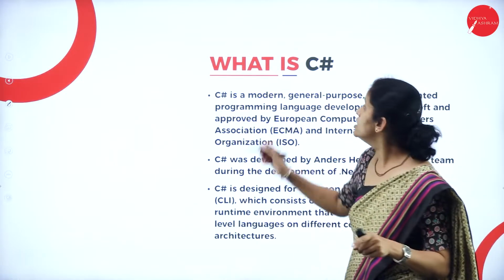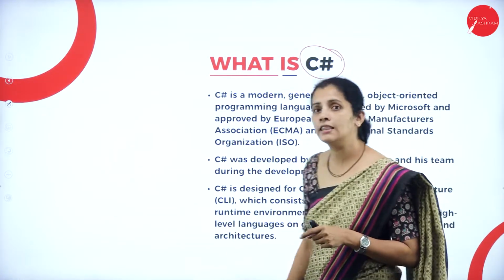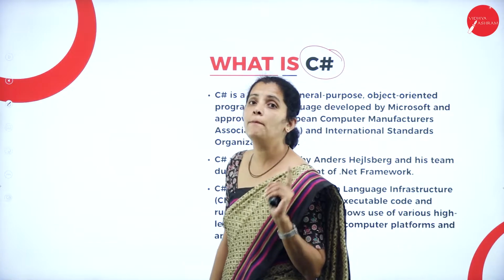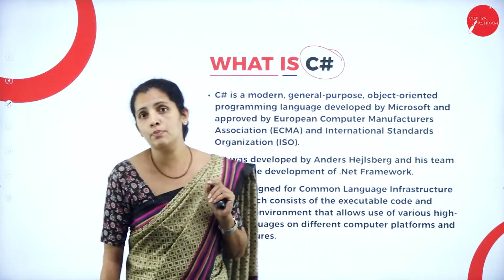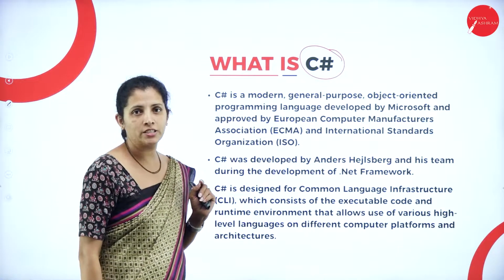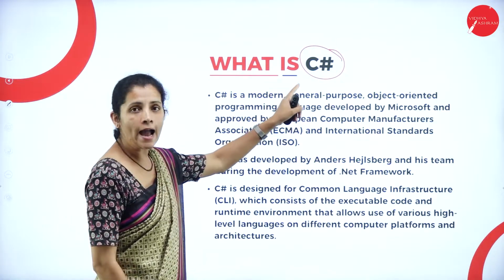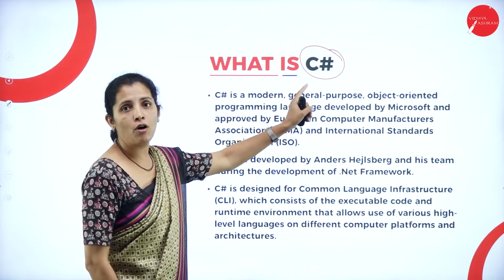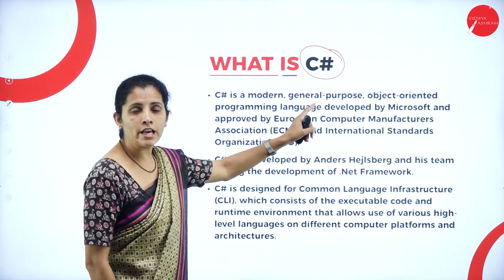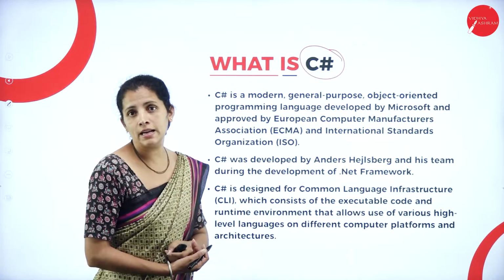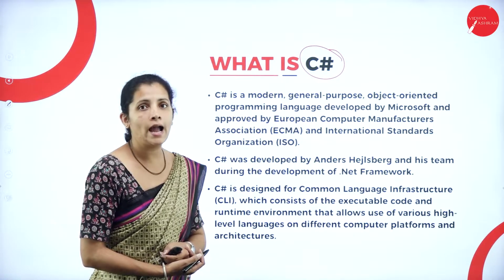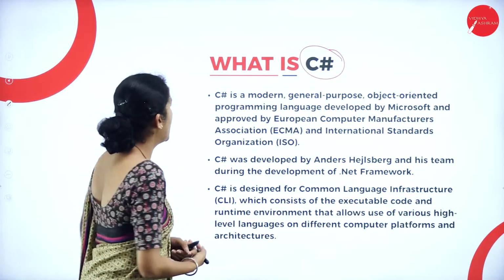So here, C# is nothing but a general purpose high-level programming language. This is an example of a programming language, and what kind of programming language? That is a high-level programming language.